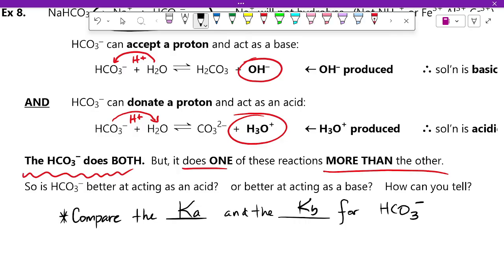So now what you're going to do is go look up the Ka of HCO3. Go look it up.